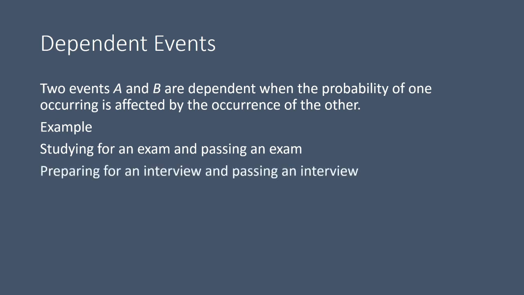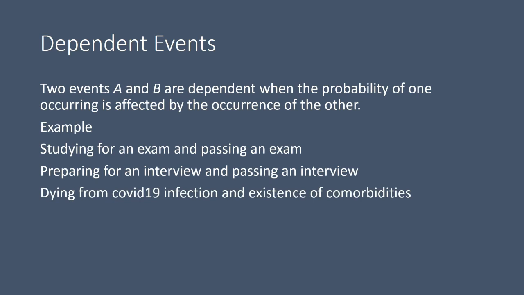Other examples: preparing for an interview and passing an interview; dying from COVID-19 infection and the existence of comorbidities. If you have some health issues, hypertension, diabetes, heart disease, your probability of dying from COVID-19 infection is different from if you didn't have those comorbidities. Hypertension and exercise, hypertension and diet. So these are examples of dependent events.